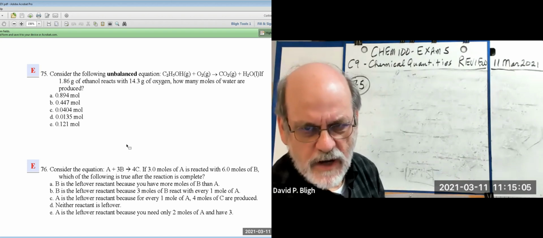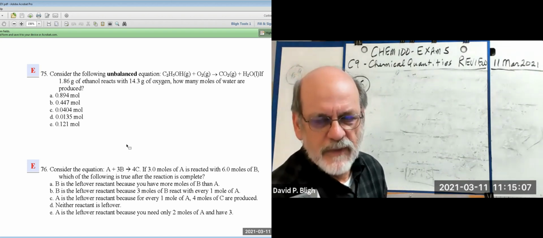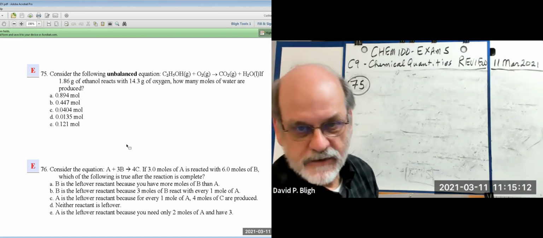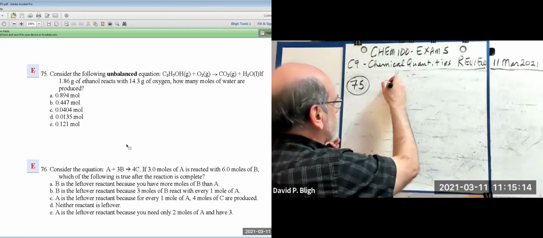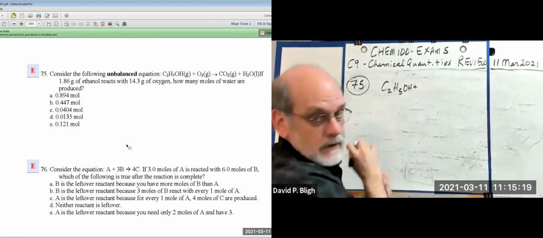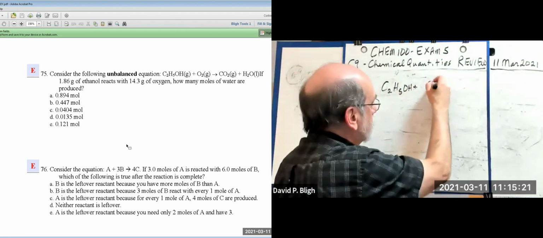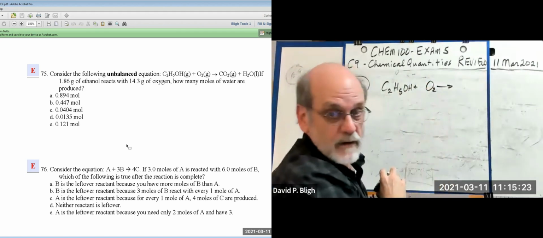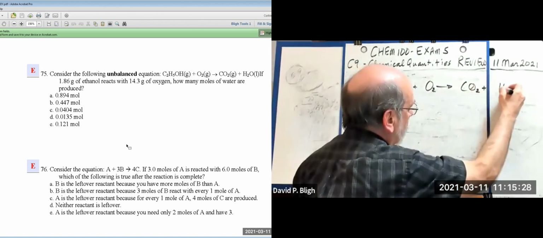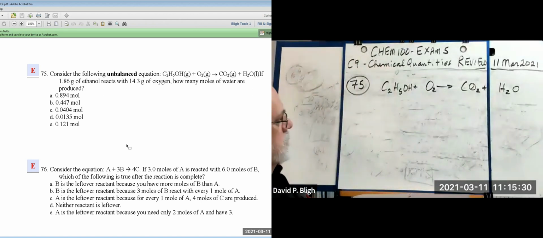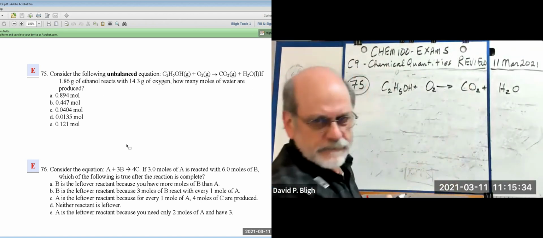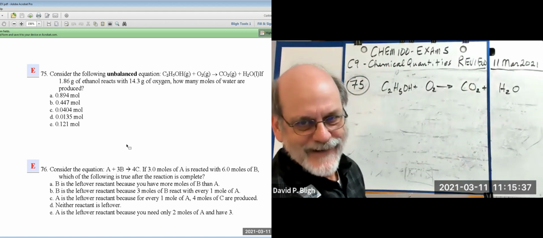We balanced that equation, but maybe we didn't do the exact same calculation. All right, so we're going to need a balanced equation for this one: C2H5OH, and then O2, and carbon dioxide, and water. Okay, so I wonder if I can do this without the budget.